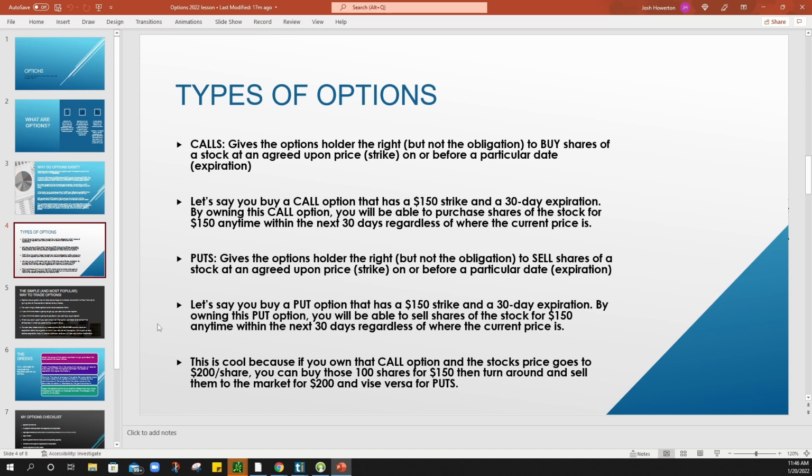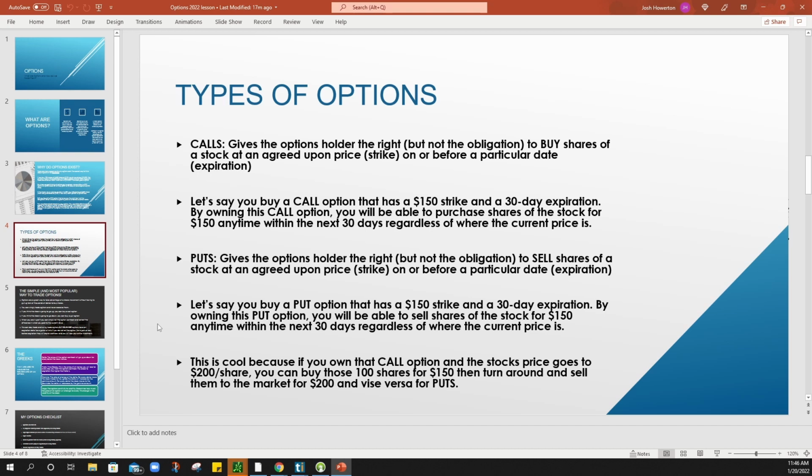Well, you have calls and you have puts. So a call gives the options holder the right, but not the obligation, to buy shares of a stock at an agreed upon price. Now that is your strike, on or before a particular date. That is your expiration.